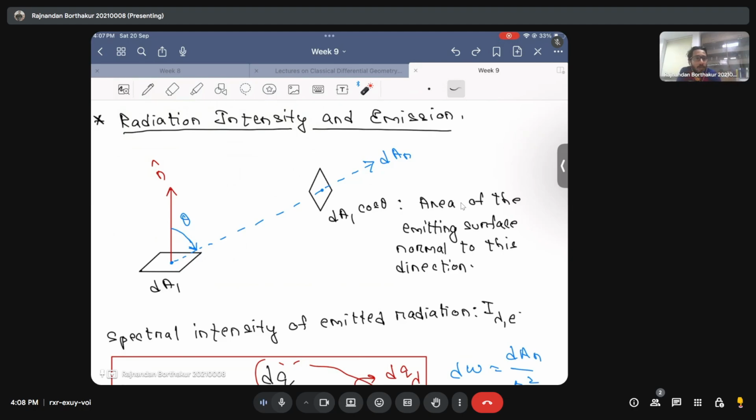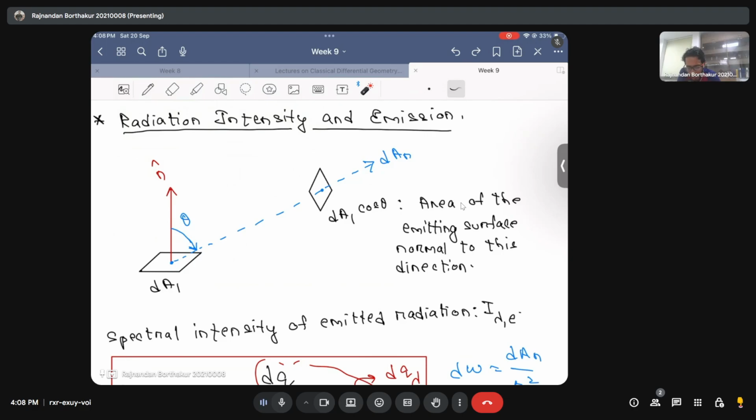In fact, you can also prove the Stefan-Boltzmann law from these definitions as well, but we have already done that in the lecture series, so we'll not do those things now. Rather, we'll try to understand the physics associated with this, which will eventually help you in solving the problems that you will get.